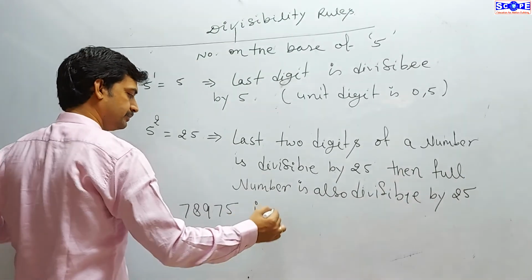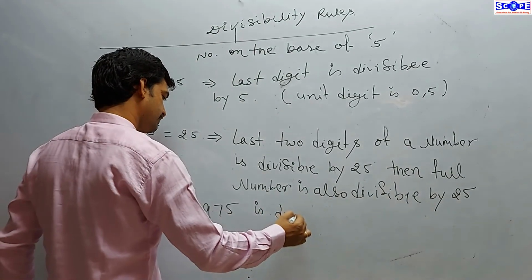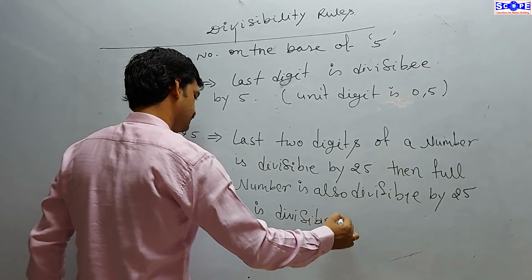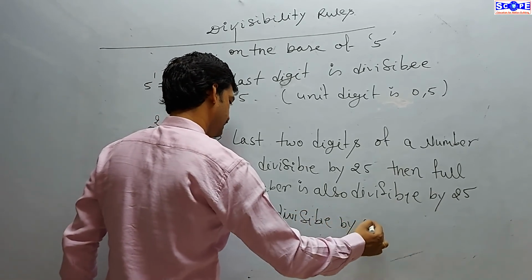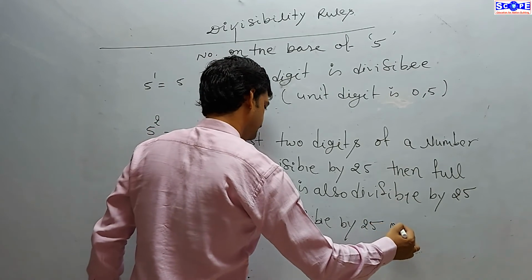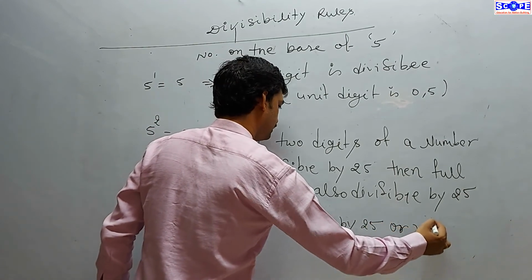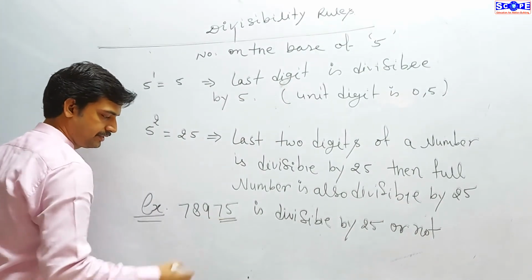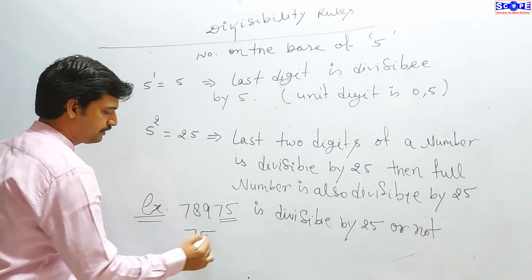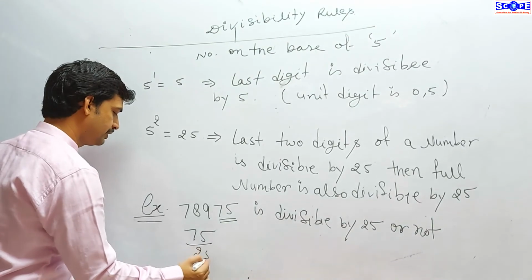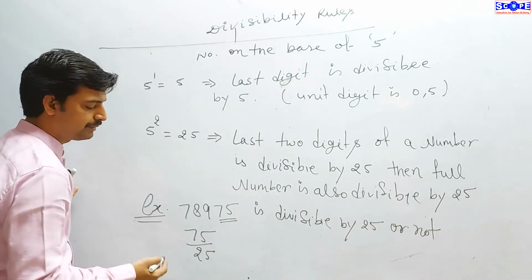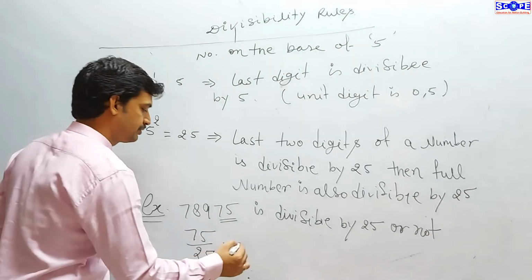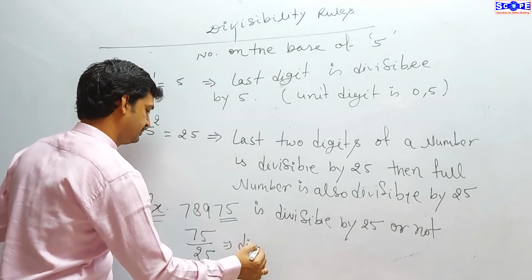Is it divisible by 25 or not? So the last 2 digits are 75. So we'll check whether 75 is divisible by 25 or not. Obviously, 3 times. So that means 78975 is divisible by 25.